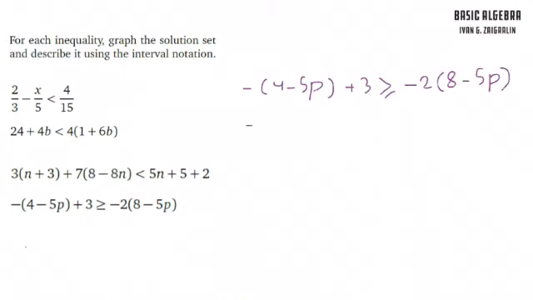So negative 4, the result of multiplying negative 1 to negative 5p equals positive 5p, plus 3 is greater than or equal to negative 2 times 8, negative 16, negative 2 times negative 5p, positive 10p.